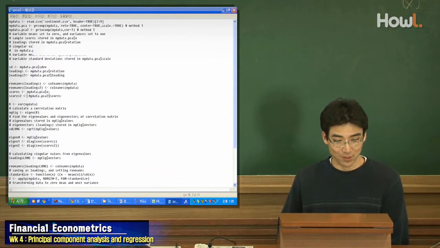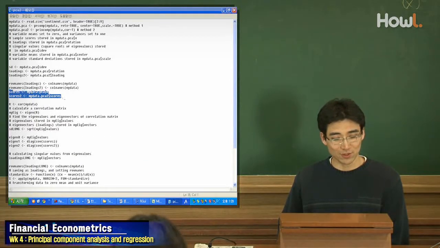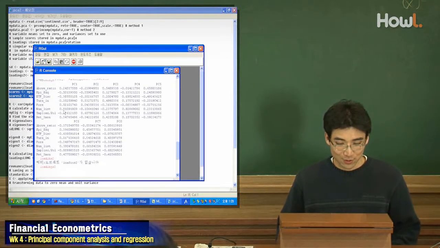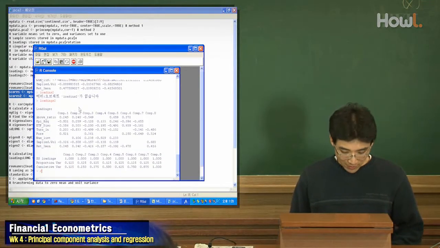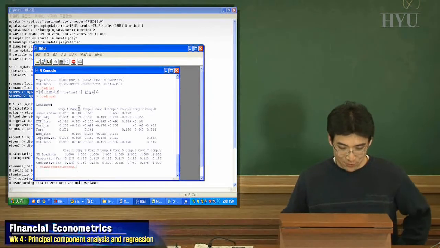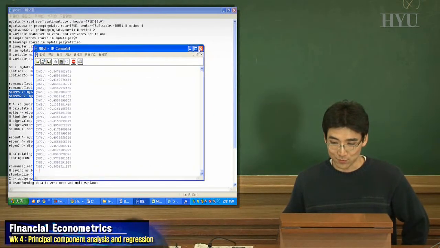And to get the score matrix, the score matrix is something I want. So the score matrix, okay, cbind scores 2.